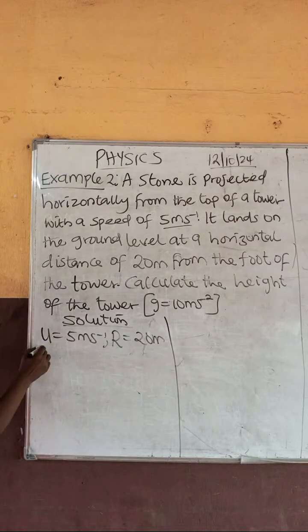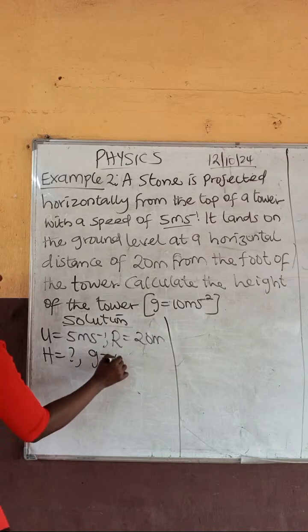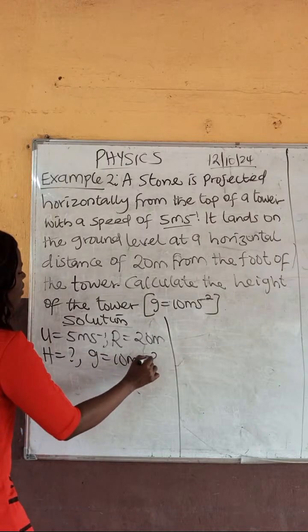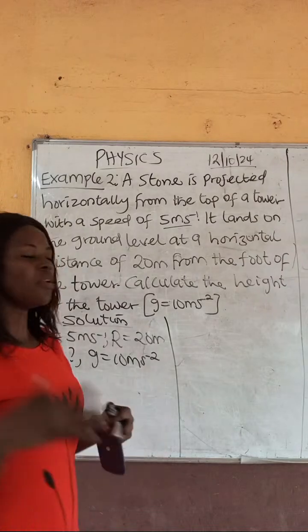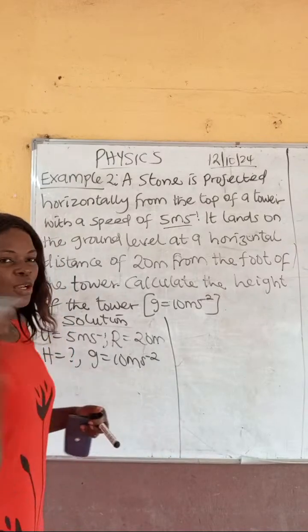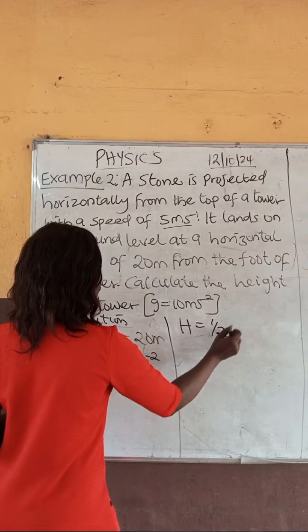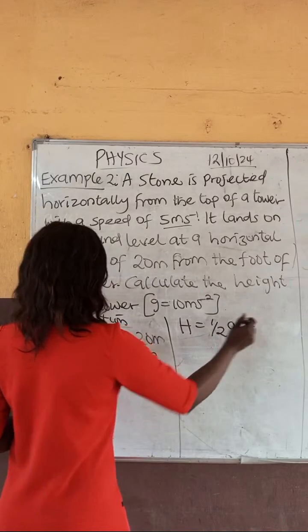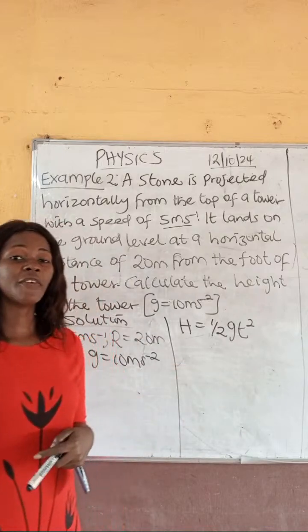The height, the height of the tower. And g is equal to 10 meters per second squared. Now, one thing will come to your mind: you're looking for height, but we don't even have time. Look at this relationship: h is equal to half gt squared. There is no way we can look for our height without looking for time.